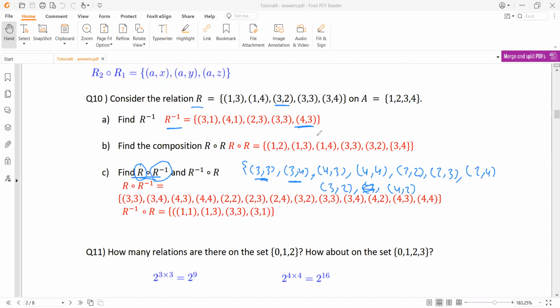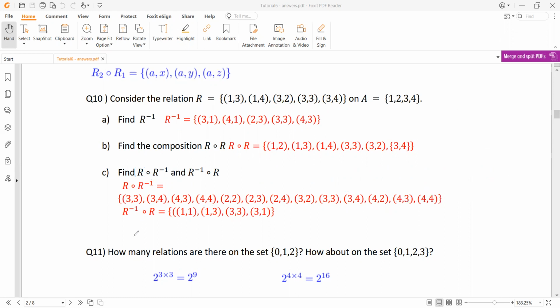So this is 4, 3. Does it exist? It exists. Yeah, I don't have to repeat it. 4, 3 with 3, 4. This is 4, 4. I don't have to repeat it. Be careful guys. Here I have repeated elements, so this doesn't count. Like for example, here 4, 3, you don't have to repeat it again. So this is the correct answer.